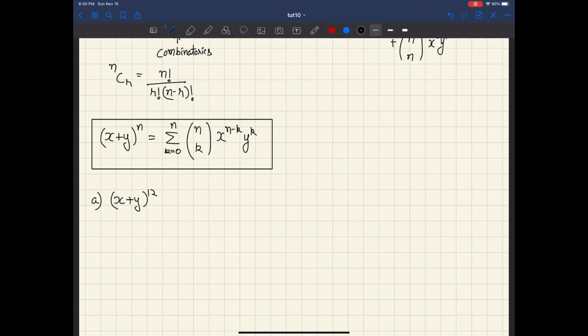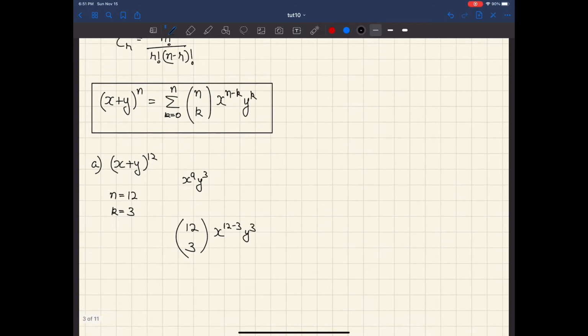So using the formula in this rectangle, we have n as 12 and our k would be the power of y, which is 3. Plugging it into the formula, it is 12C3 x to the power 12 minus 3, which is 9, y to the power 3.